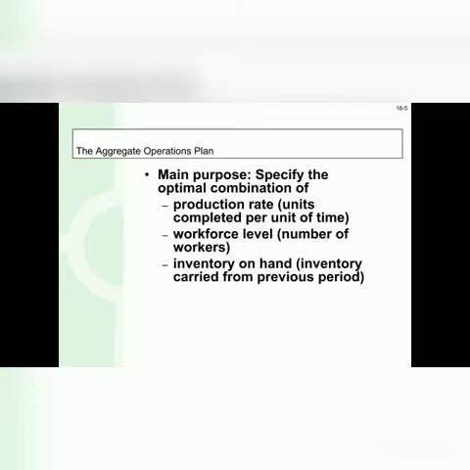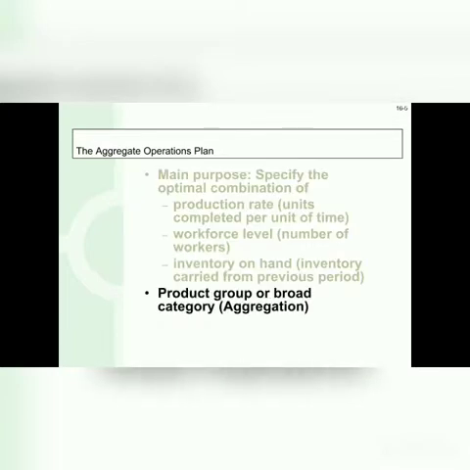This is for short range. Then accordingly we will convert that into months or then years. That gives us a clear-cut idea if we have this plan with us. Product group of broad category.